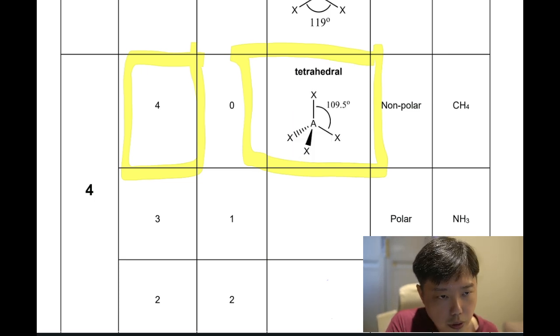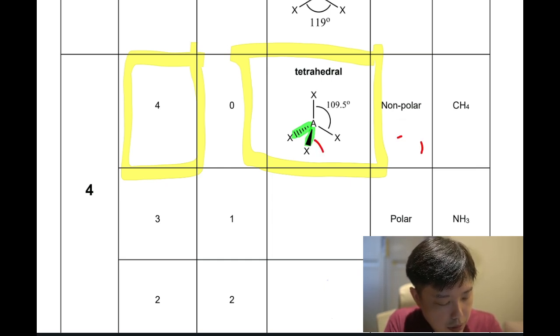So for a 3-dimensional shape, we're going to start adding in the wedges. What do the wedges mean? A solid wedge means that the bond is coming out of the paper.